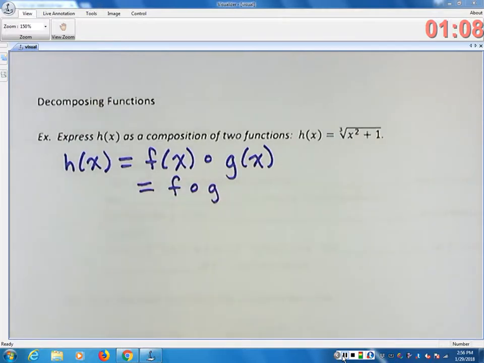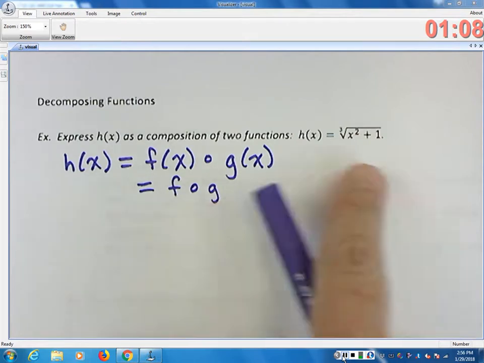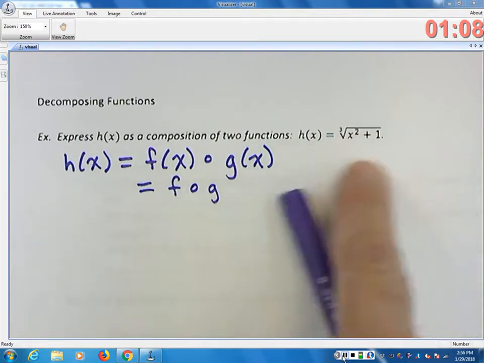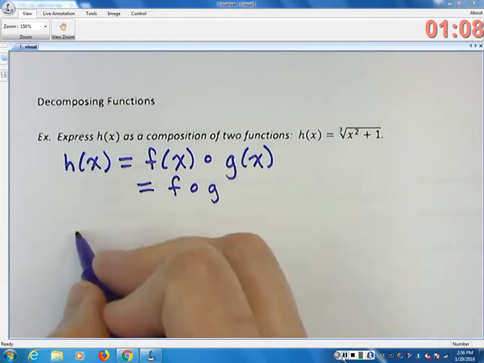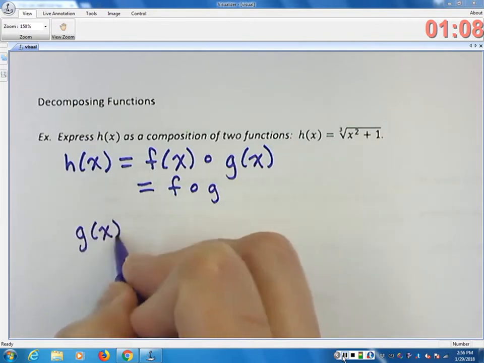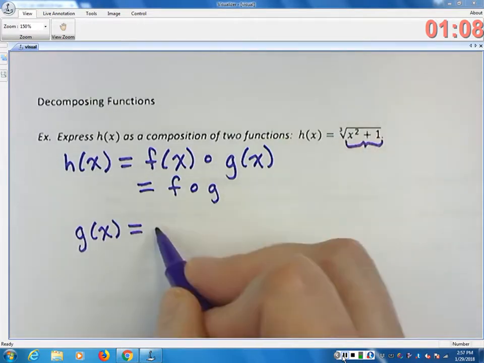What functions could you pick? Well, if you write it this way, make your g your inner function. Can you see an inner function you could pick off from this? g of x, the inner function, should be x squared plus 1.